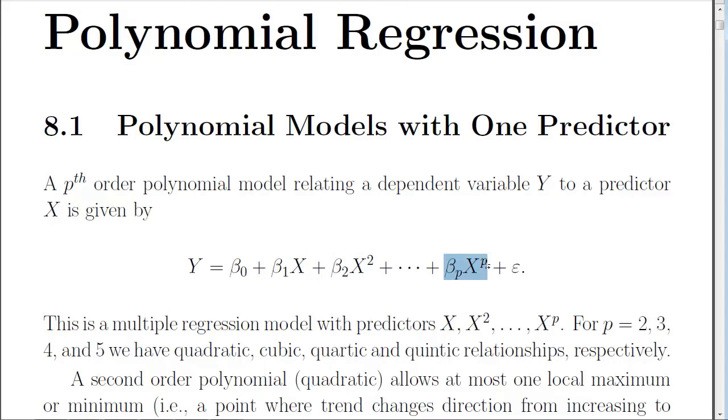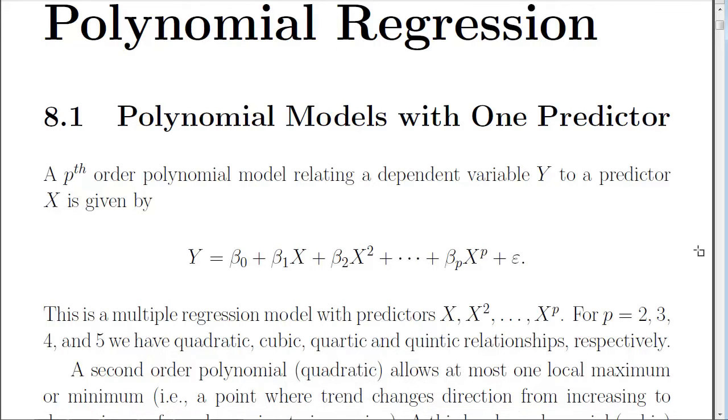And so if p, the largest power, equals 1, then you're left with only the simple linear regression that we are accustomed to. But if p is larger, say 2 or 3 or higher, then we have a polynomial that has all those curves in it.